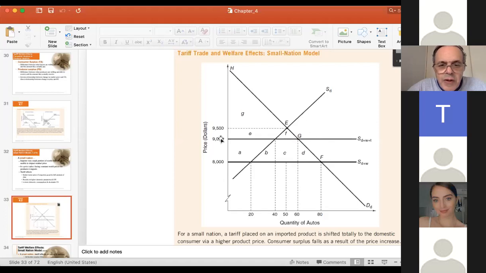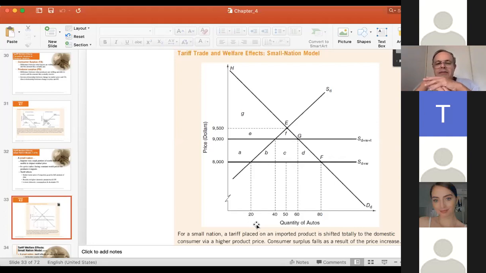Also, at this price, how much will domestic firms produce? According to the domestic supply curve and the world price plus tariff, where both intersect will tell me exactly how many autos domestic producers would produce, which is 40. So now, after the tariff, how many cars will this small country import? 20. Very good, 20, which is 60 minus 40.